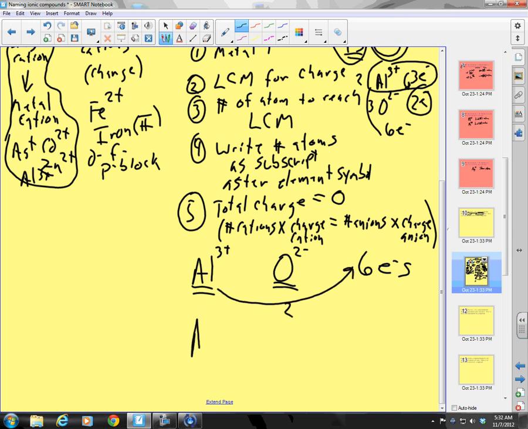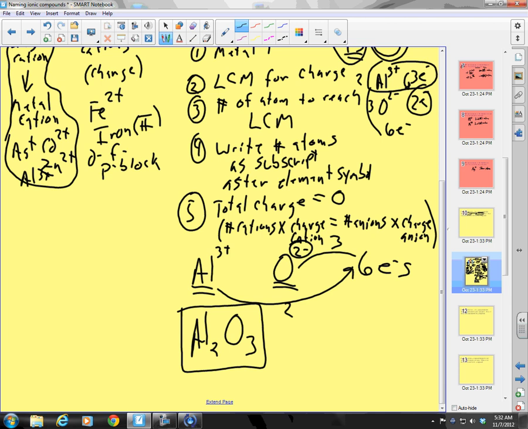So I'm going to write down Al2. Remember, my metal comes first. How many oxygens are needed to use up 6 electrons? If each oxygen uses 2, I will need 3 oxygens. So O3. There we go. So that is my formula for the ionic compound of aluminum and oxygen.